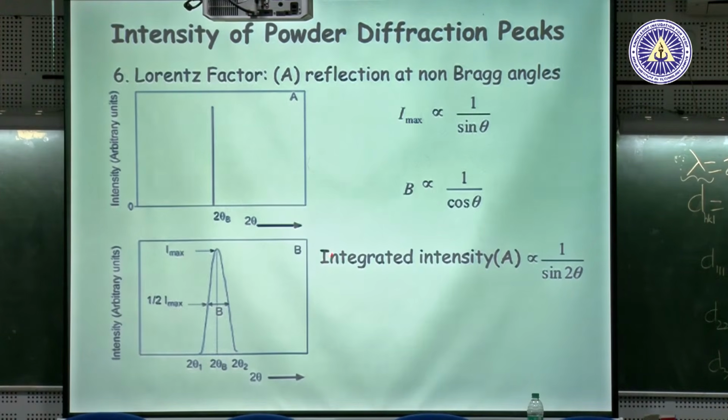The integrated intensity of the peak can be shown to depend on 1 by sin 2 theta, so the higher angle peaks will be of lower integrated intensity by this factor.